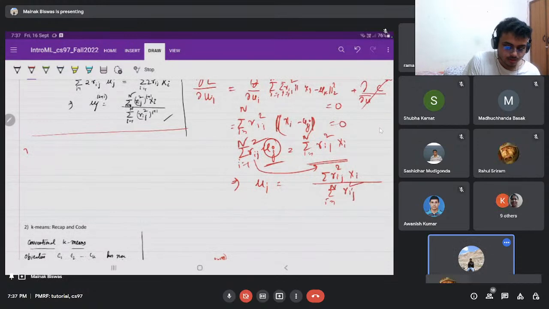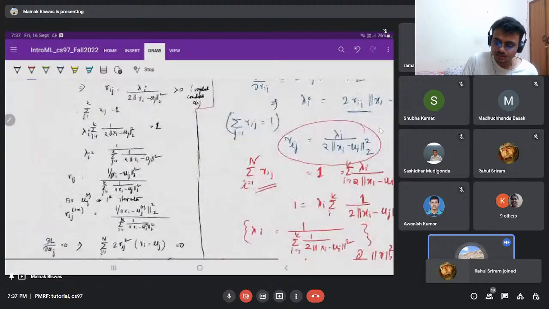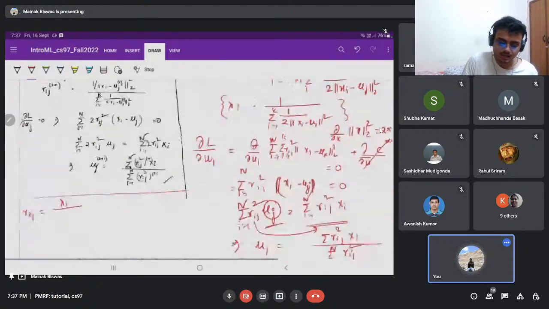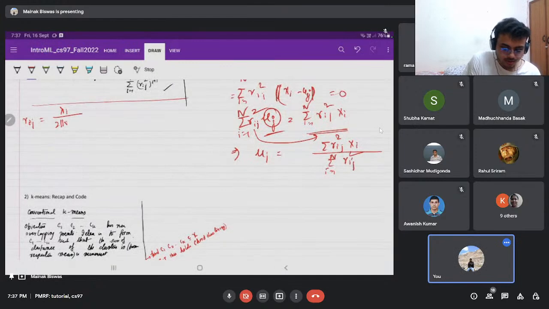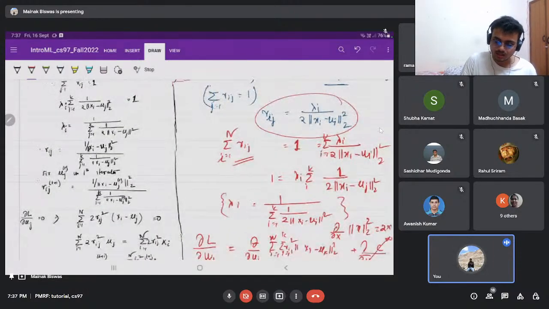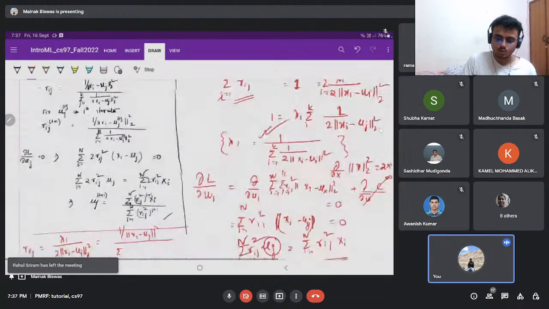Rij is nothing but lambda i by 2 (xi minus mu j), which is in turn 1 by (xi minus mu j), I'm cancelling the 2's, summation over all i. So I've also got this equation. Lambda i equation I know, so this is 1 over this.